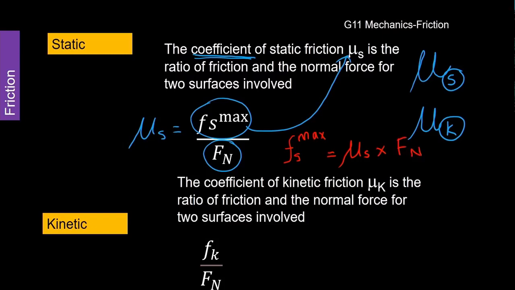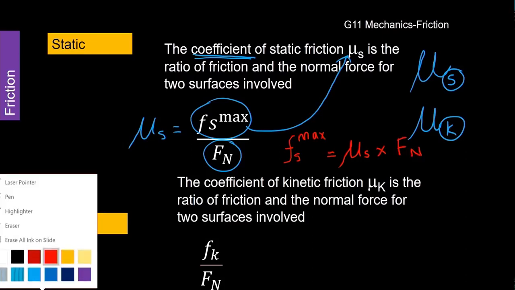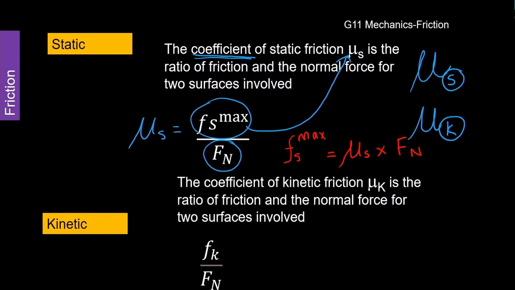For the coefficient of kinetic friction, it's the same thing. It's that Greek U or mu, and we put a little k to tell us that it is kinetic friction we're dealing with. It is a ratio. Here's the ratio here, so I'm going to draw it in.